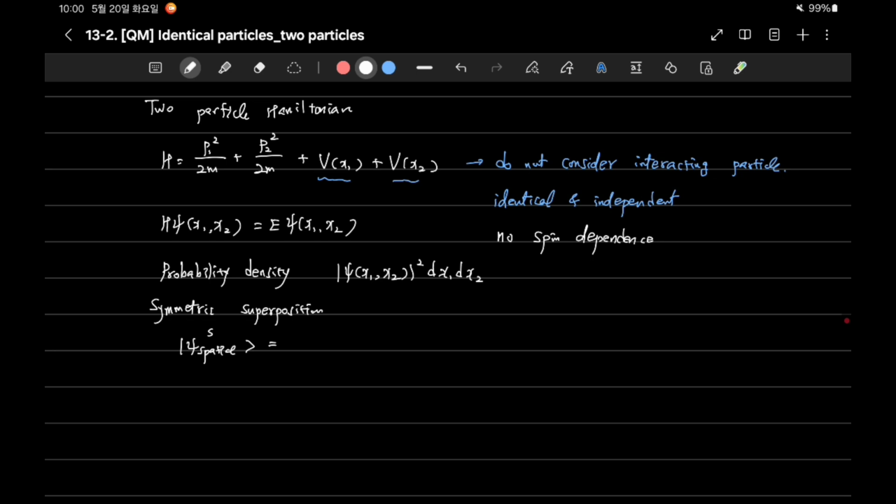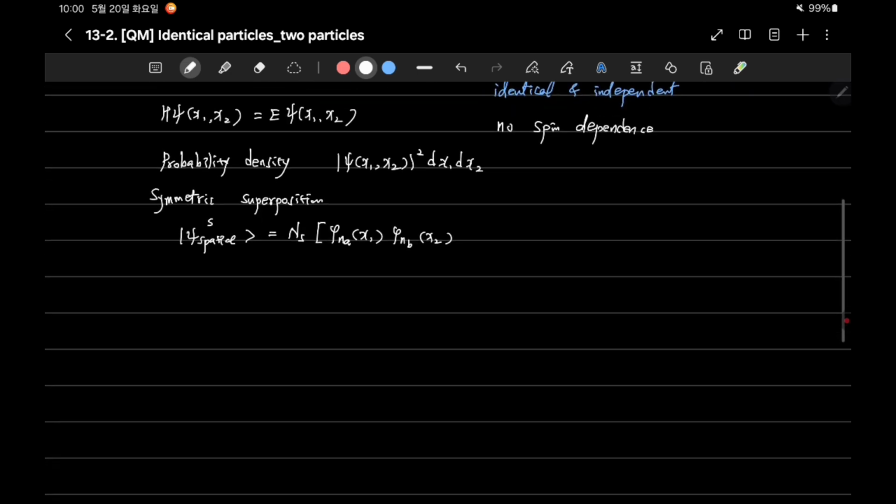For example, the symmetric wave function is a normalization constant times phi_A at x1 and phi_B at x2, plus phi_A at x2 and phi_B at x1.